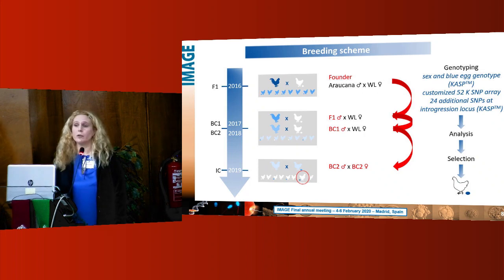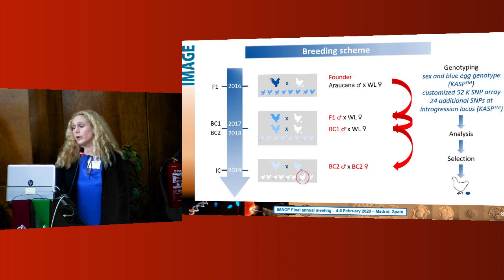Furthermore, all animals were genotyped for a customized 52K SNP array and 24 additional SNPs that were developed at the introgression locus based on sequencing and genotyping data of the founders. These additional SNPs allow us to detect recombinant animals based on distinct breed line-specific haplotypes for Araucana or White Leghorn.